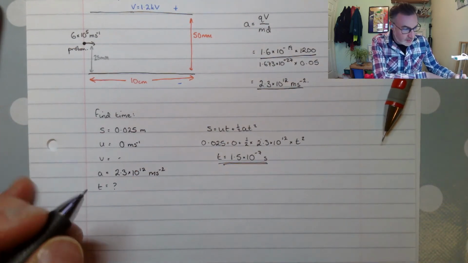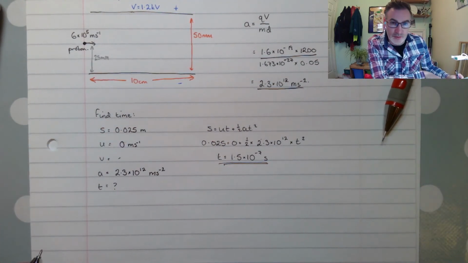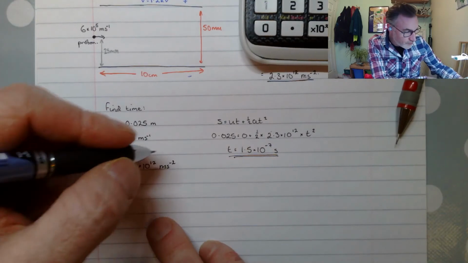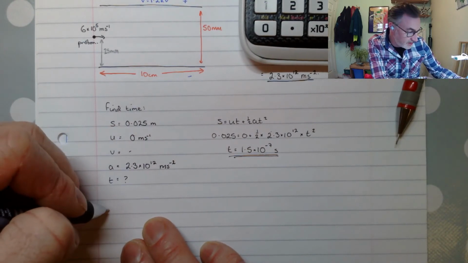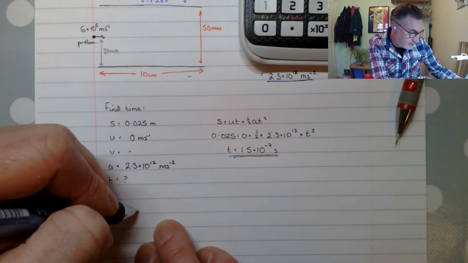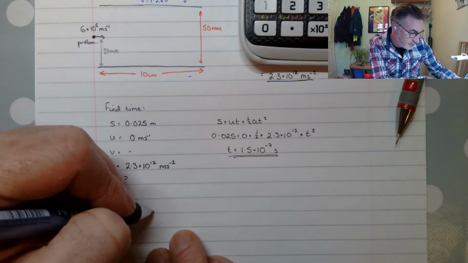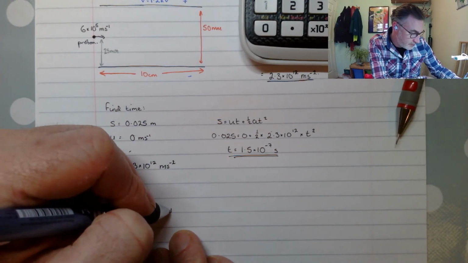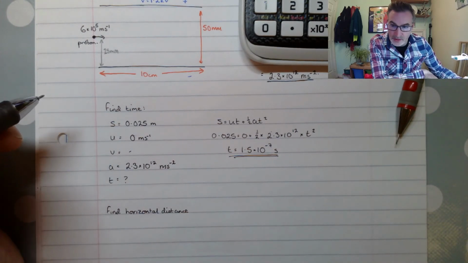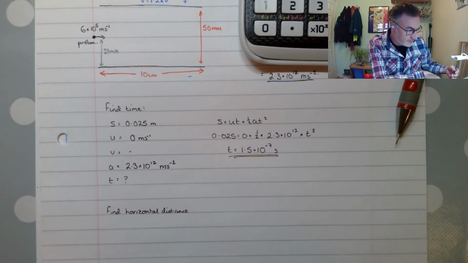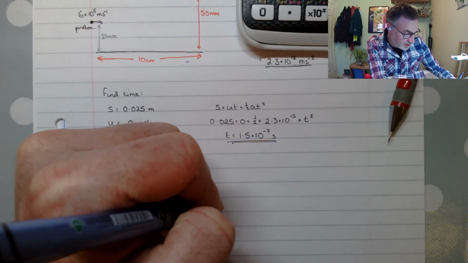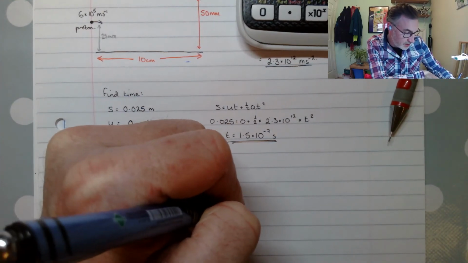And simply, we're just going to use speed, distance, time. So we can find our horizontal distance, and so d is equal to v_h t.